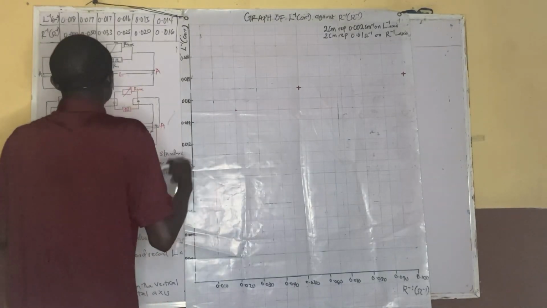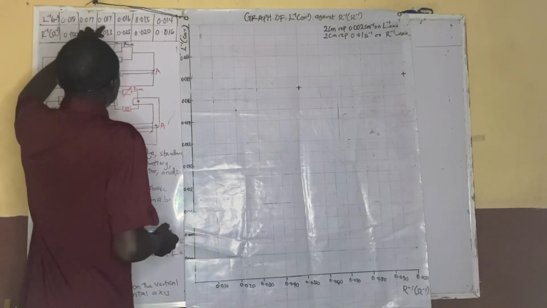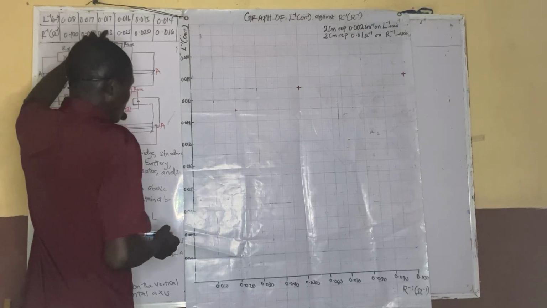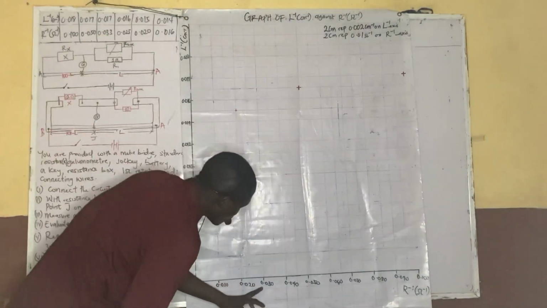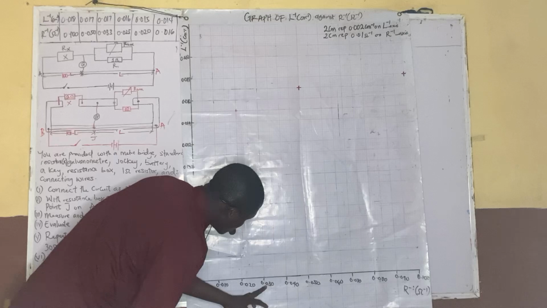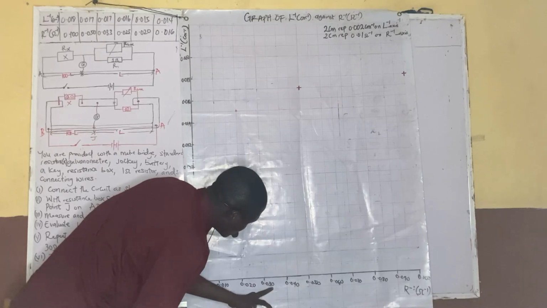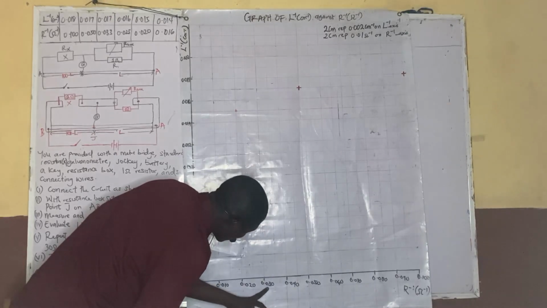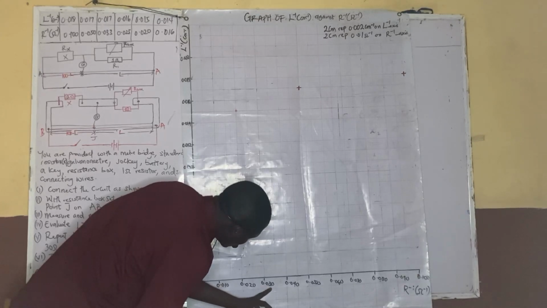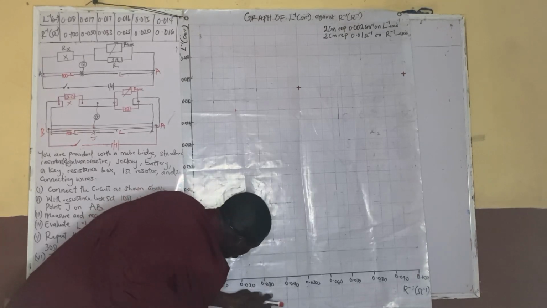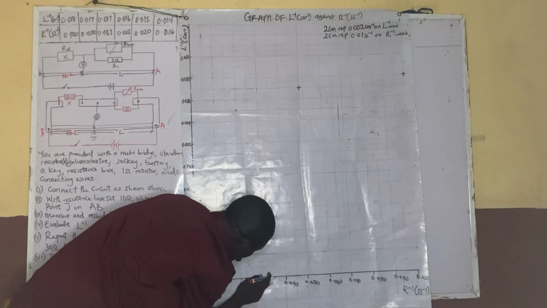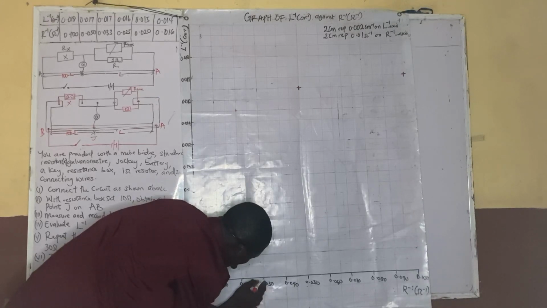So now the next one is 0.017 again, 0.033. Now look at it, 0.030. So this one will be 0.031, 0.032, 0.033. So this point here is 0.033. Don't forget that this line is 0.03. So 0.031, 0.032, 0.033.